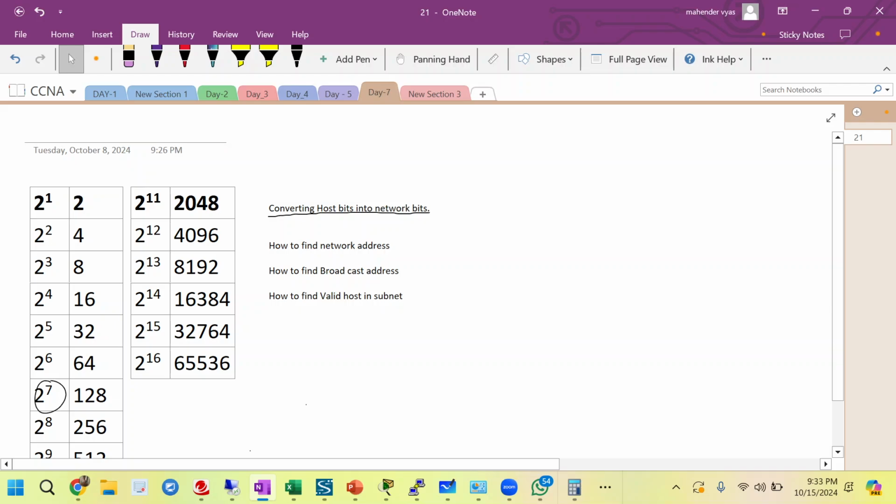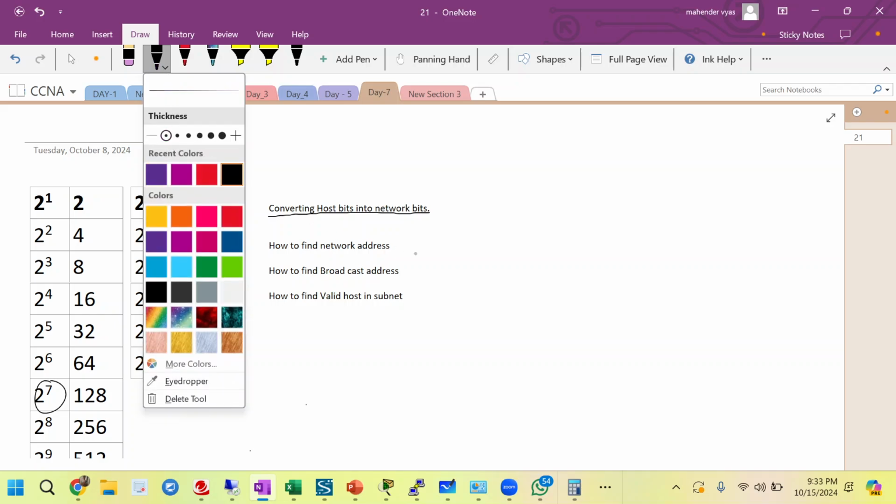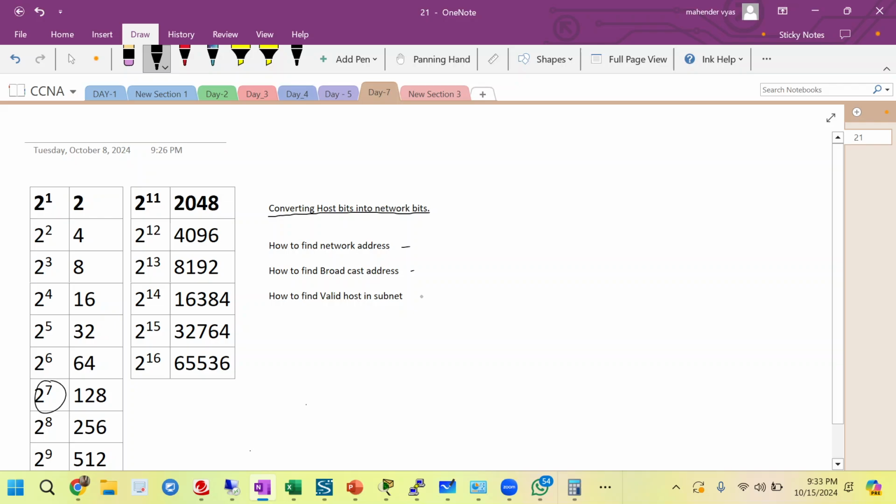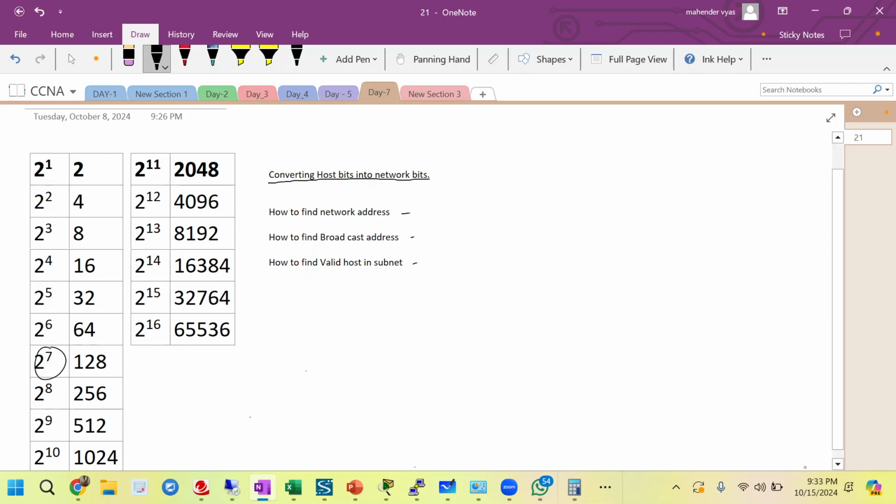Now you should be able to figure out how to get a network address, a broadcast address, a subnet mask, and valid hosts in a subnet. If I give you any number, you should be able to figure out the network address, broadcast address, and valid hosts. As you said, it is clear for you. Now let's see the next part.